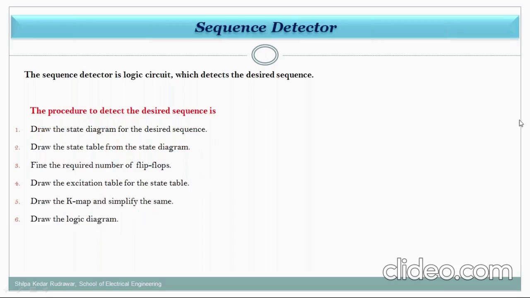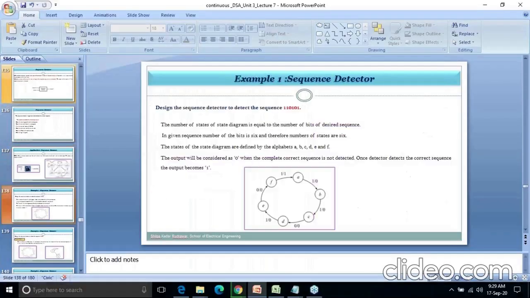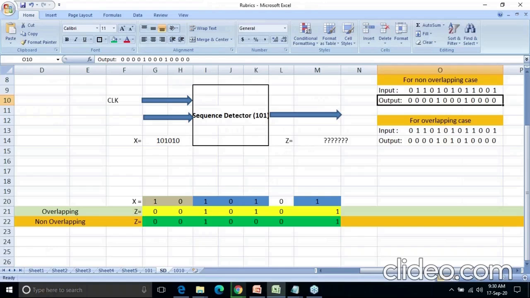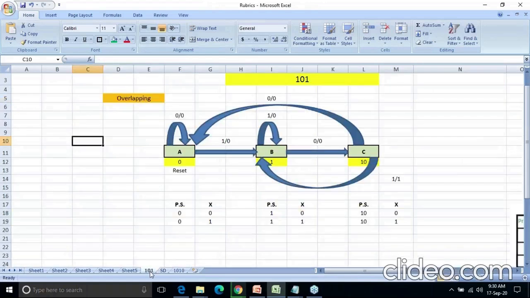Okay, so moving towards the next PPT. Now, instead of taking this sequence, I'm just trying to show a small sequence so that it will be easy for you to understand. Now you need to draw it with me, because until and unless you do it, it will be difficult. So the first sequence I have taken is 101.